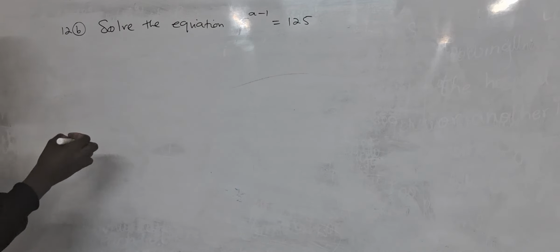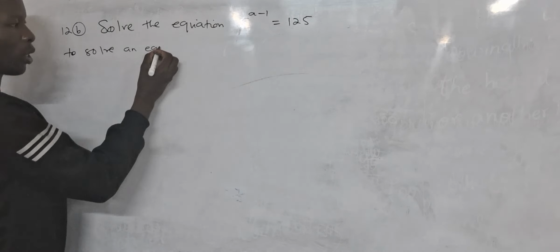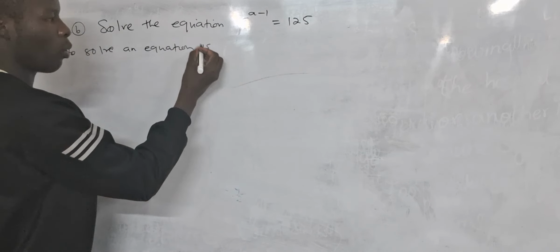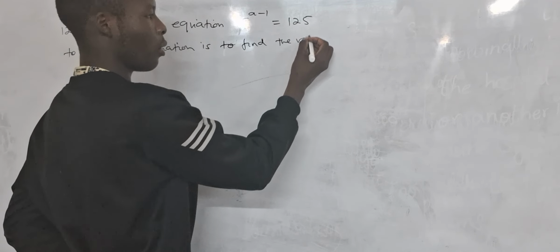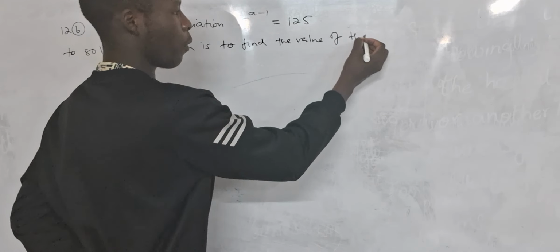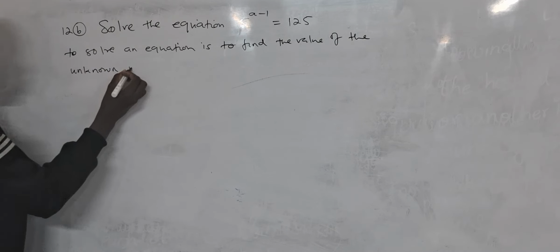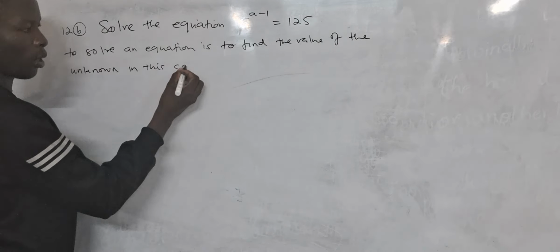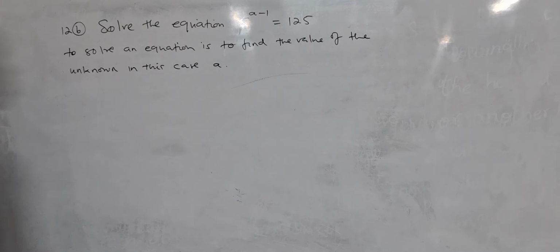To solve an equation is to find the value of the unknown. In this case, the unknown is a. So they are asking you to find the value of a.